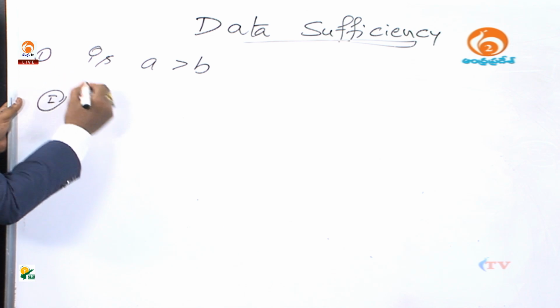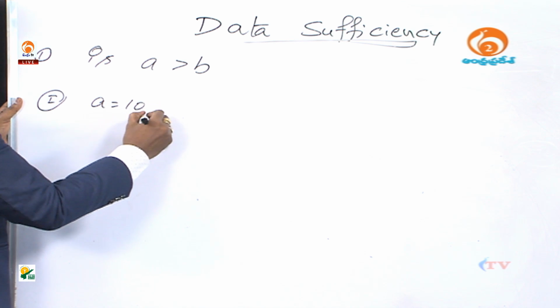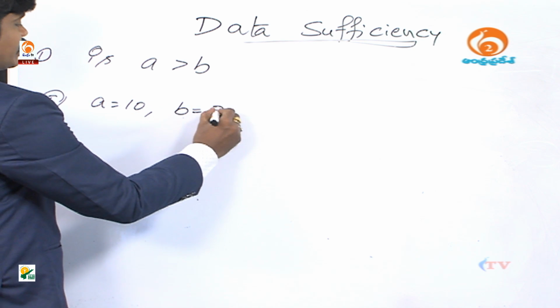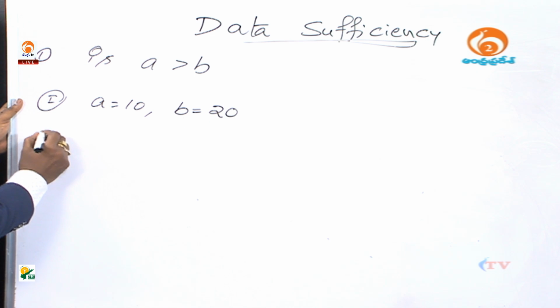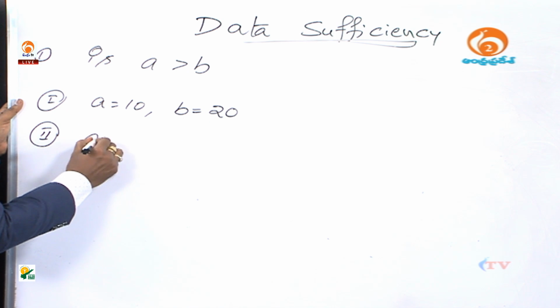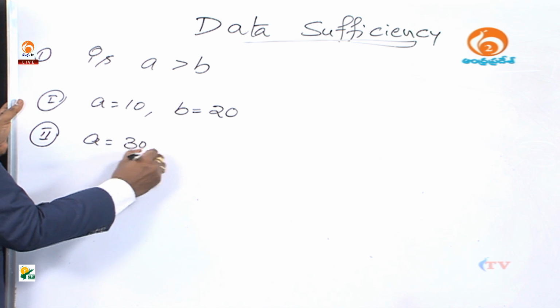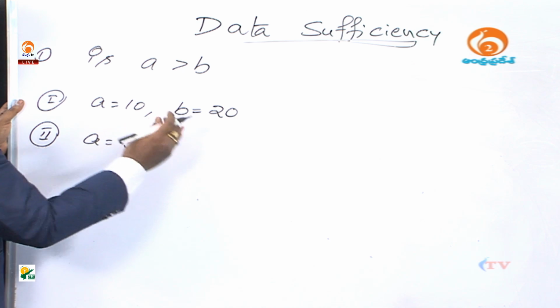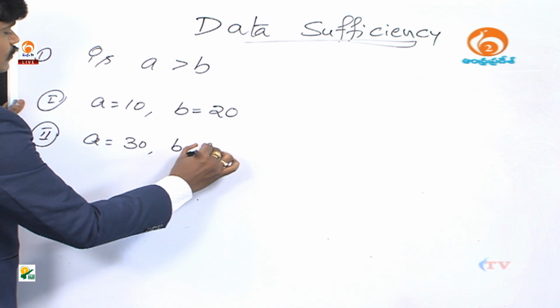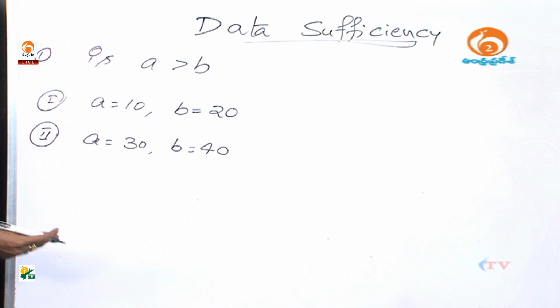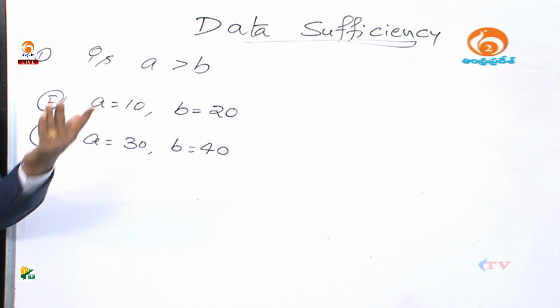First conclusion, A equals 10, comma, B equals 20. Next, second conclusion, A equals 30, comma, B equals 40. Now they are asking the question, is A greater than B?